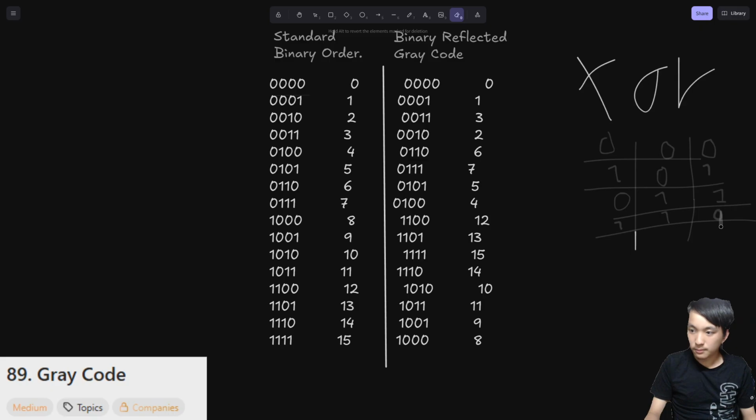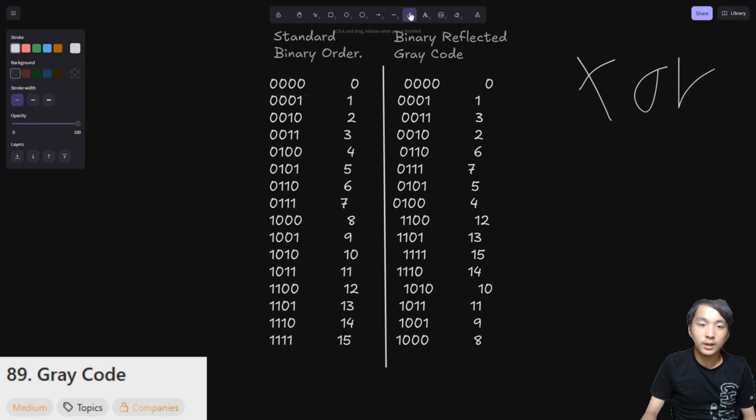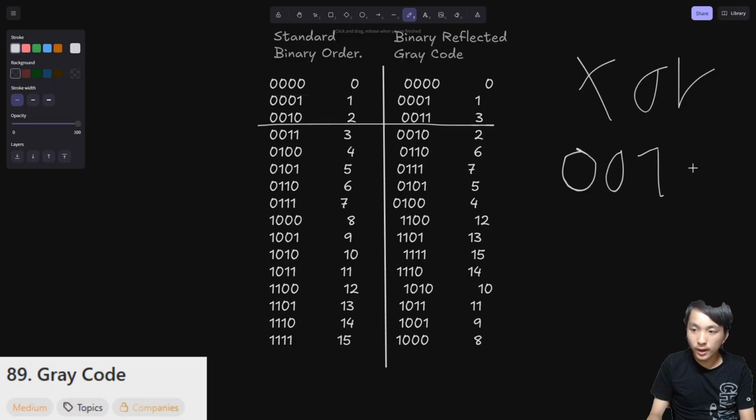Okay, so let's say you keep doing it and then you get to this one, the number 2. In binary form you get 0, 0, 1, 0. Then for the Gray code form, you look at the first bit, which is going to be the same, 0.